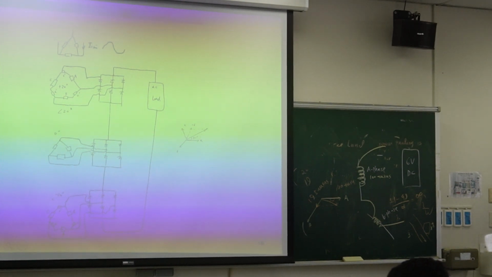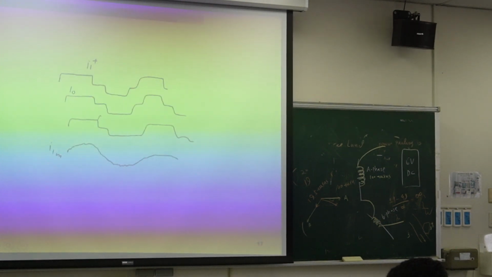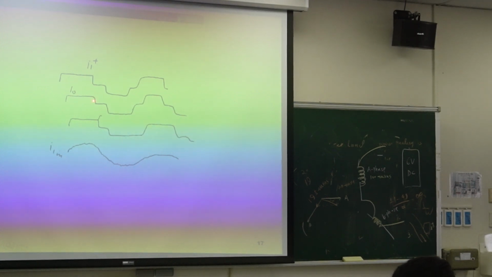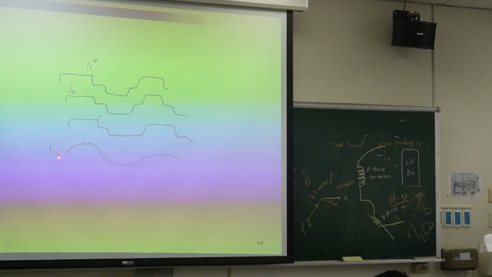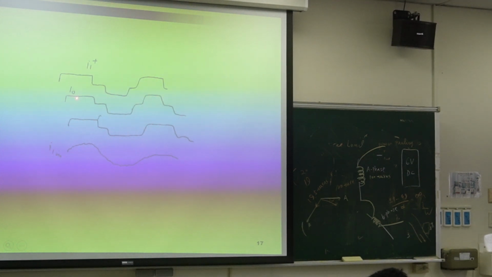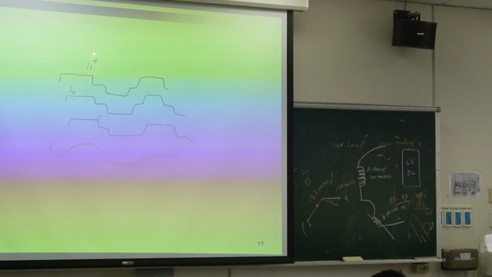So you can see, this is one transformer, this is another transformer, this is another transformer, and we have the main transformer here. They supply 1, 2, 3 load. So I line is equal to I1 plus I0 plus I1 minus.